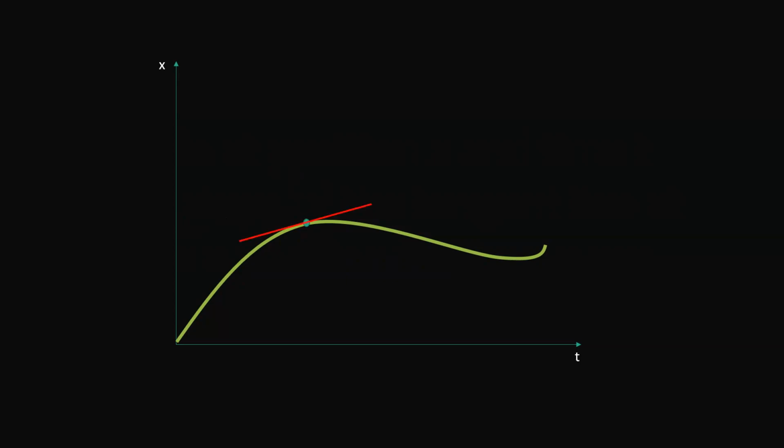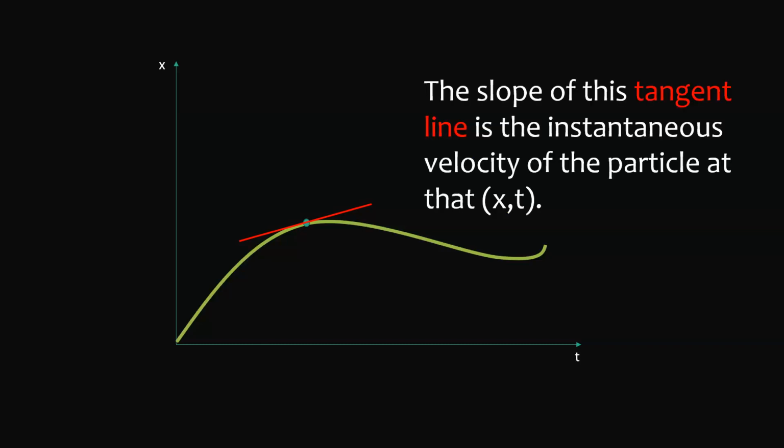Remember that the tangent line is a line that touches the curve at only one point. Then we need to find the slope of this tangent line, because the slope of this tangent line is the instantaneous velocity of the particle at that given position at that particular time.